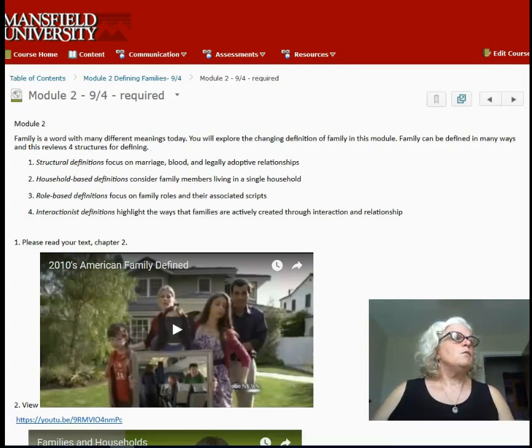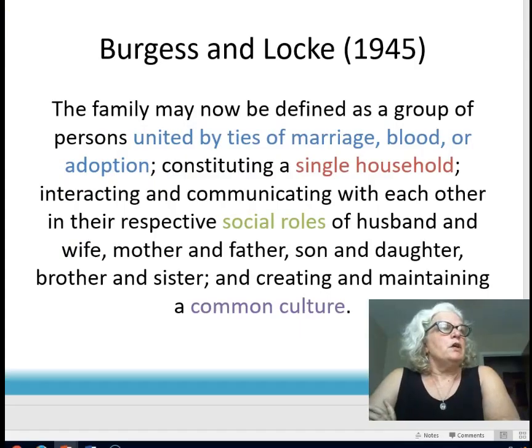So let's move over and talk about the information from the chapter brief. We talked about this in the last module, and you definitely addressed it in the last chapter, but there is a historical difference in how we look at families.